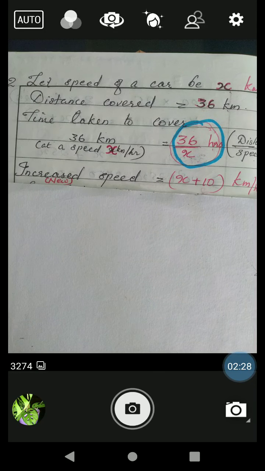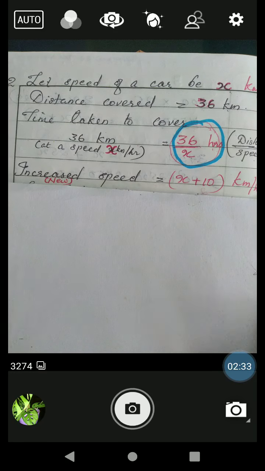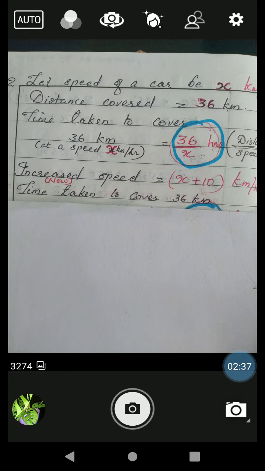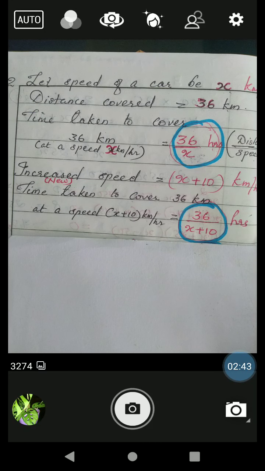Okay, now we can find time taken to cover 36 km at a speed of x plus 10 km per hour. That is 36 by x plus 10 hours. Distance divided by speed.